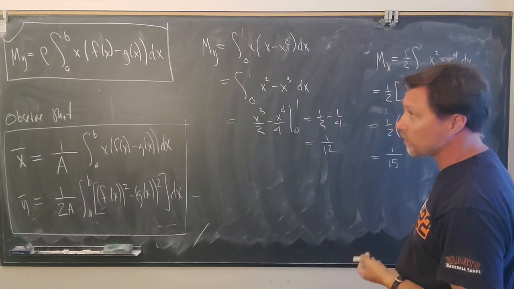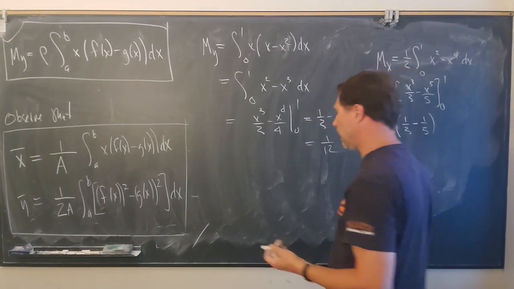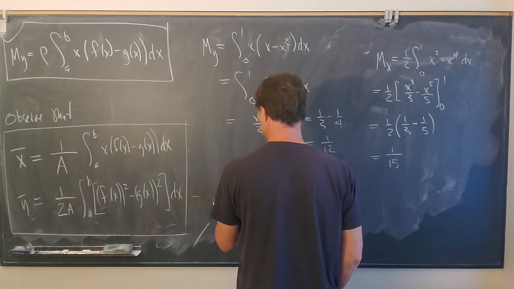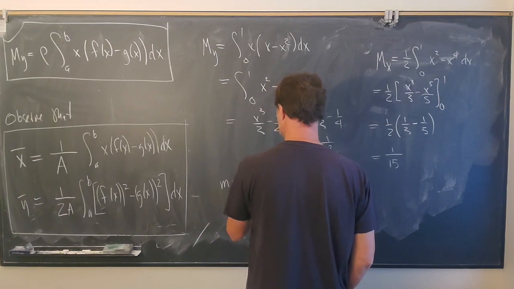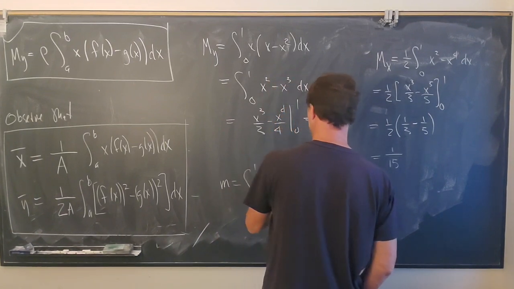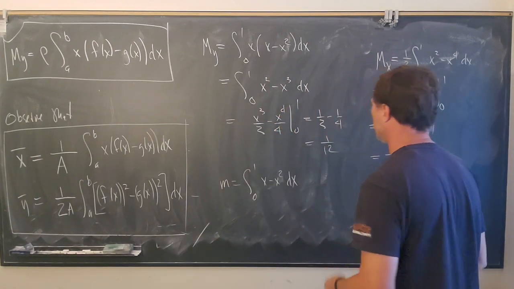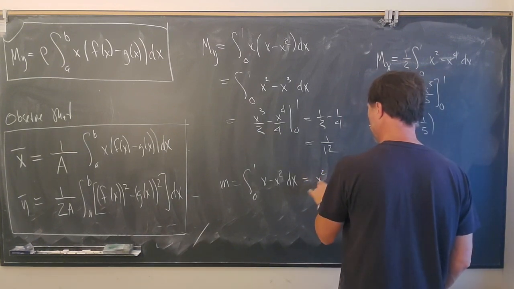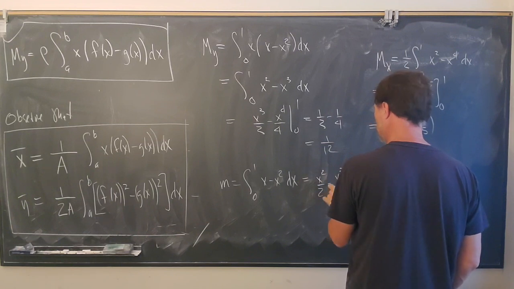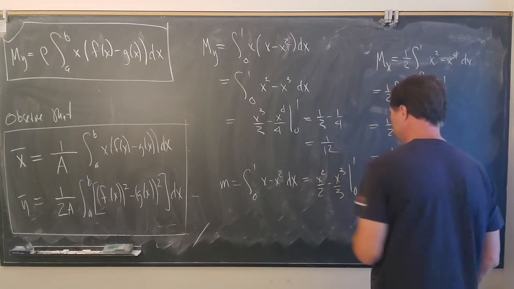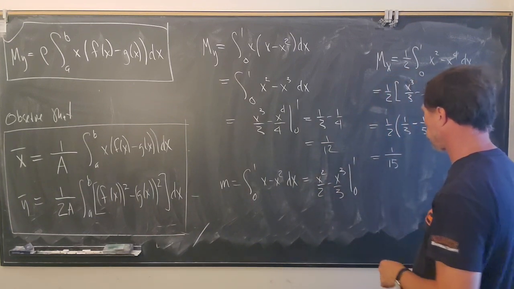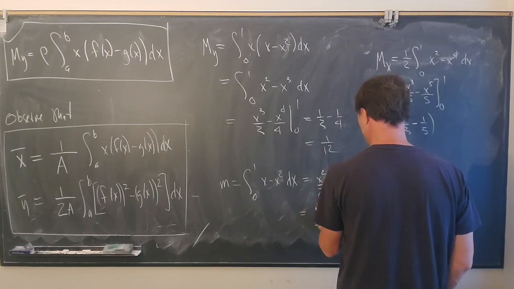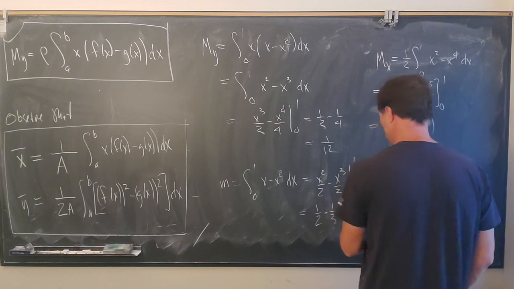And then the last thing we need is the mass, or the area. So m is going to be the integral from 0 to 1 of top function minus bottom function. That's equal to x squared over 2 minus x cubed over 3, going from 0 to 1, which is 1/2 minus 1/3, which is 1/6.